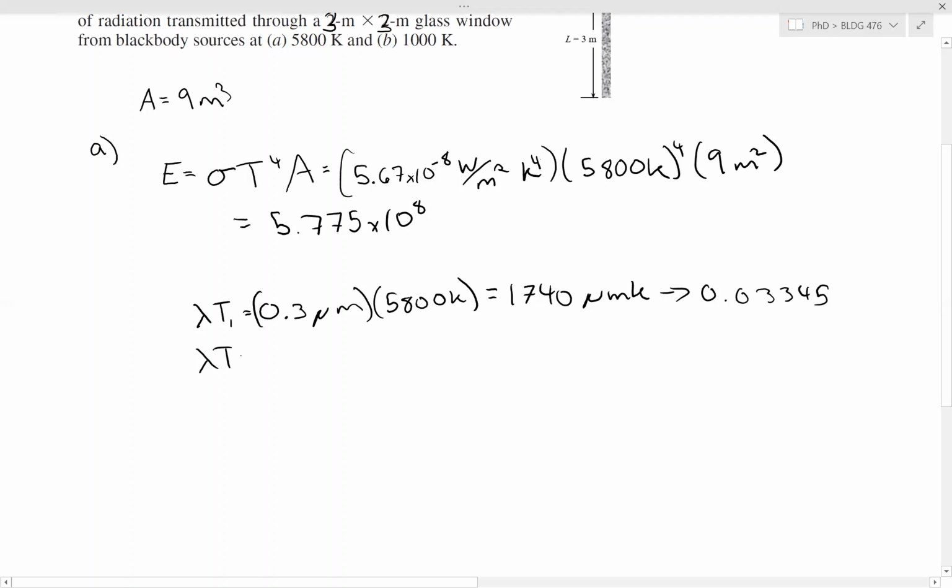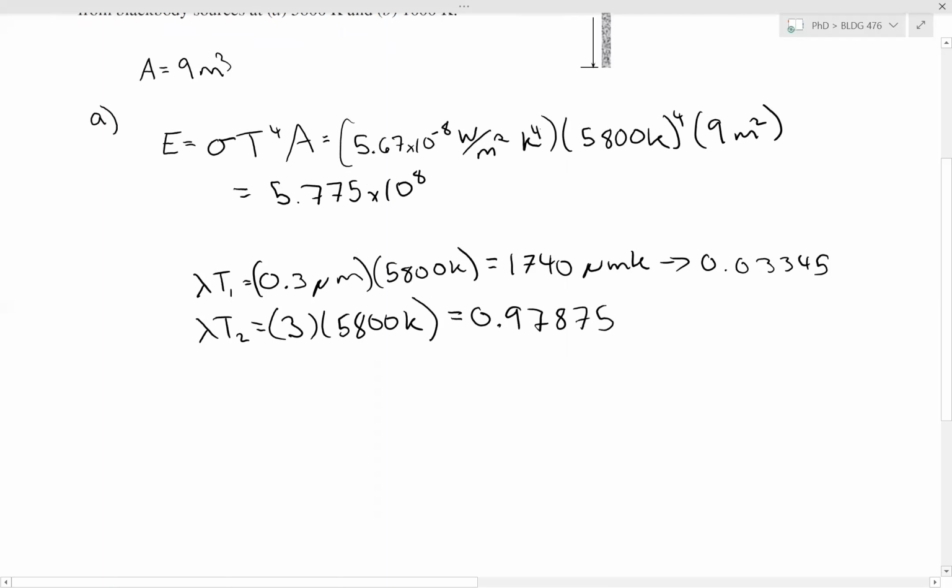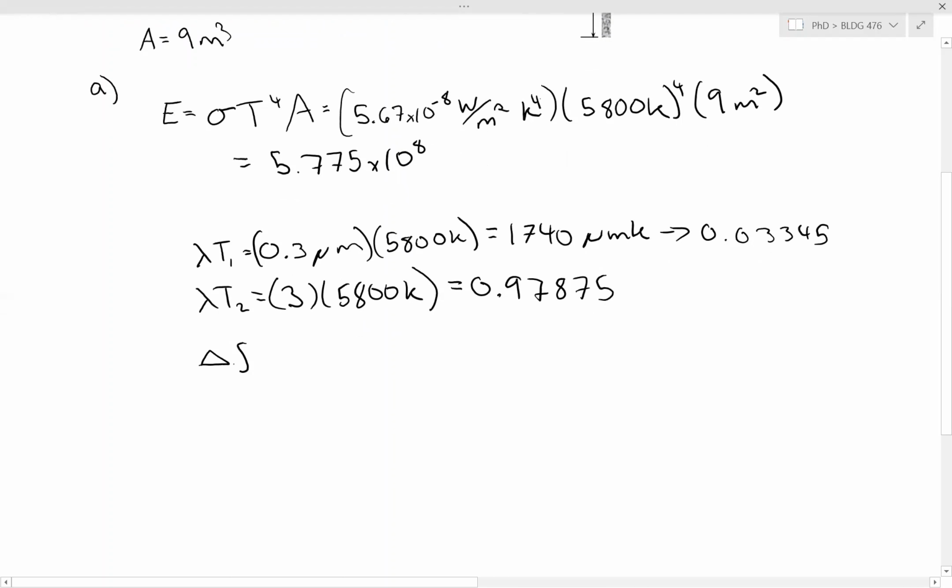We'll do the same thing for 3 times our 5800 Kelvin, which is 17,400, and this gives 0.978.